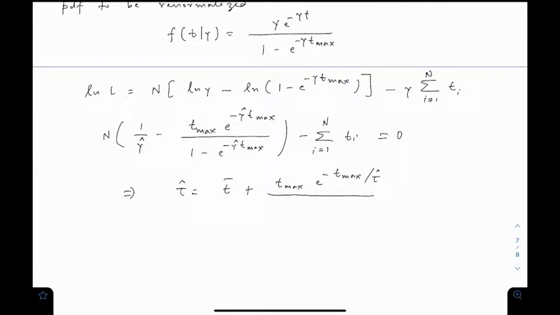Now we see that this result reduces to what we had earlier if t max could go all the way to infinity. But here we have a transcendental equation and this has to be evaluated numerically.